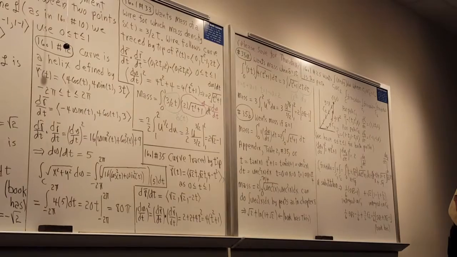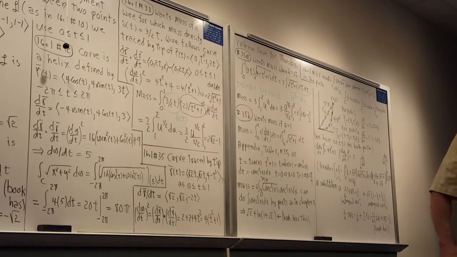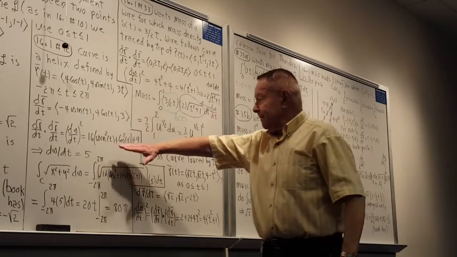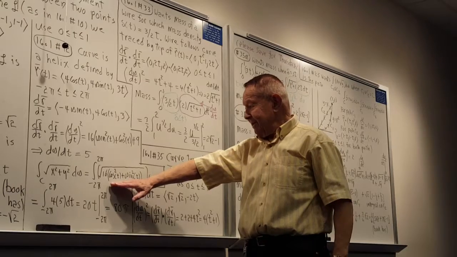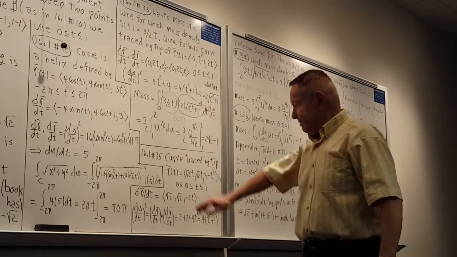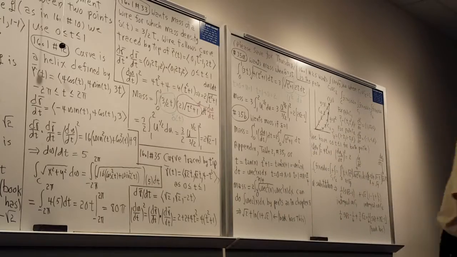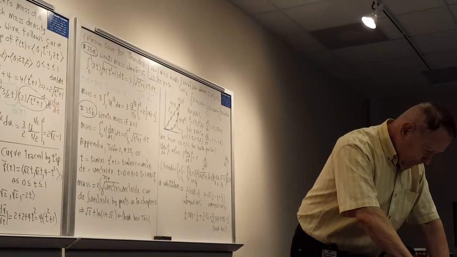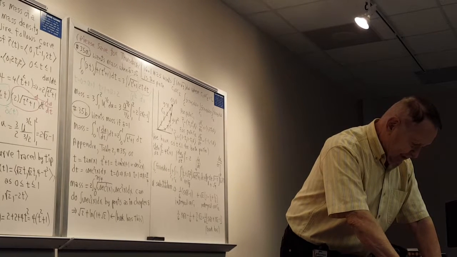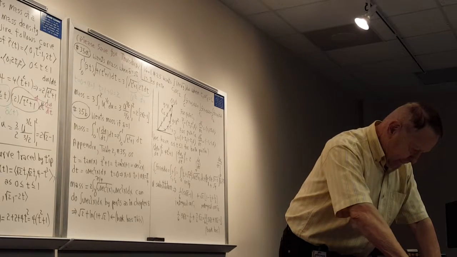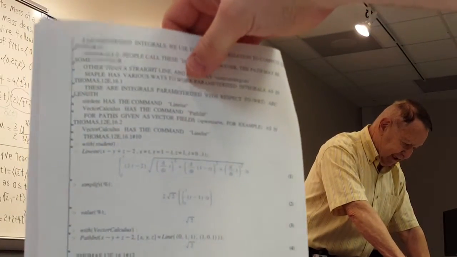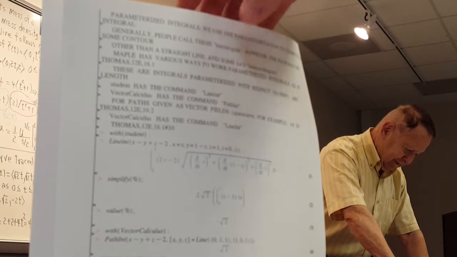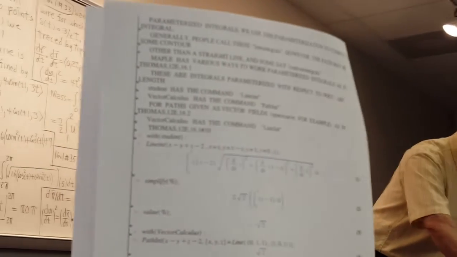And you see on line 5 there the square root of 16 cosine square plus sine square, and the 5 comes from the second square root sign, where you have the derivative of 4 cosine quantity square plus derivative of 4 sine quantity square plus derivative of 3t quantity square, and so on.